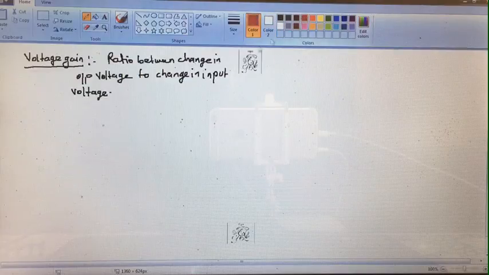So voltage gain AV is equal to change in V output upon change in V input.